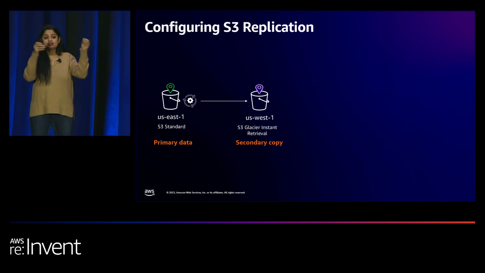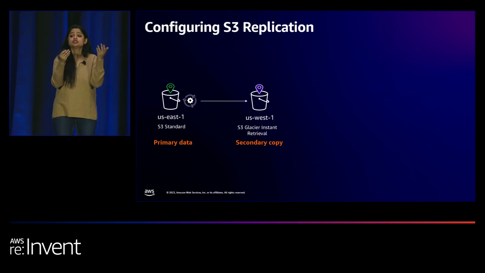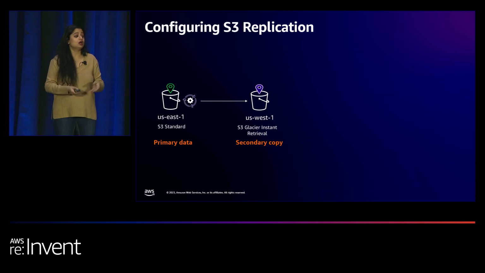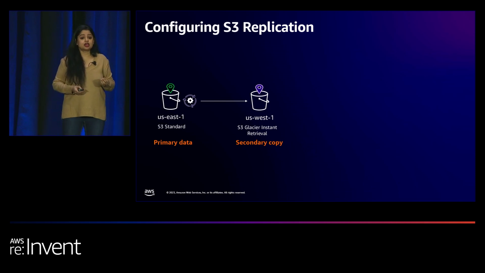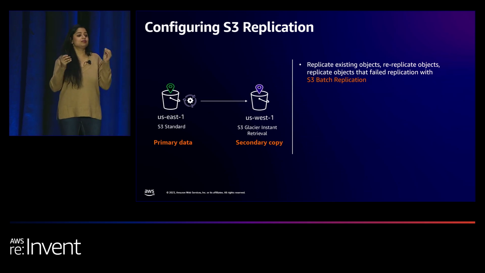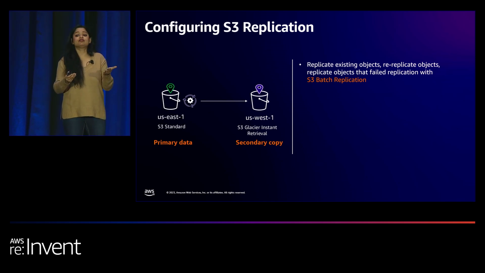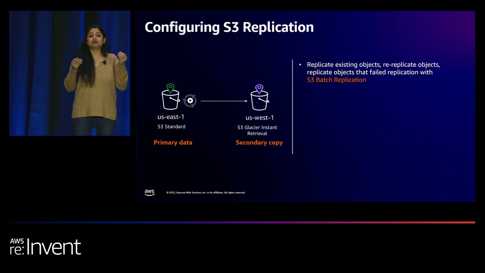Objects that existed in your bucket before any replication configuration was created on it. Well, to replicate these objects, you can use S3 Batch Replication. S3 Batch Replication uses an S3 Batch Operations job to replicate existing objects, re-replicate objects that have previously been replicated, or replicate objects that have previously failed to replicate.